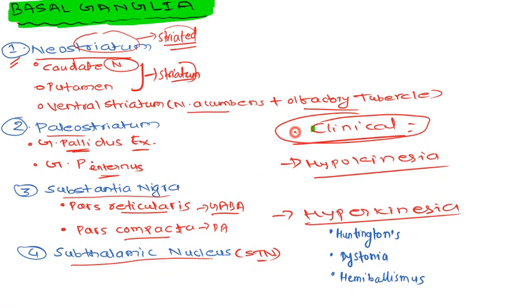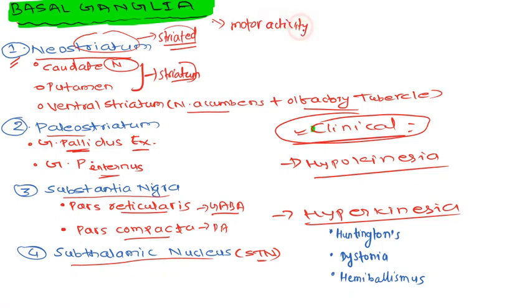And let us list the clinical significance of learning this. If any circuit or any part of these nuclei of the basal ganglia is altered, then hypokinetic or hyperkinetic movement disorders can occur, because the major function of the basal ganglia is motor activity.